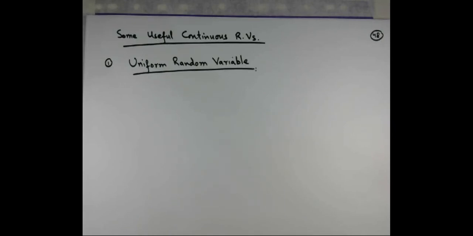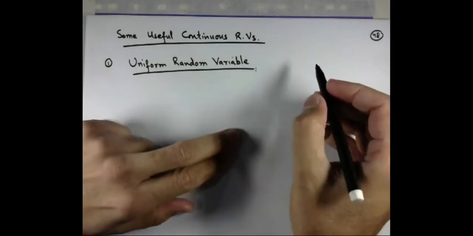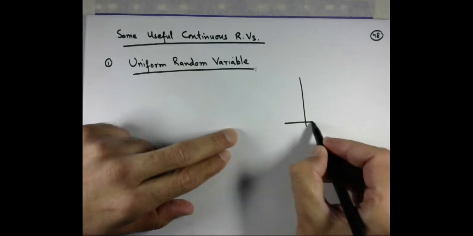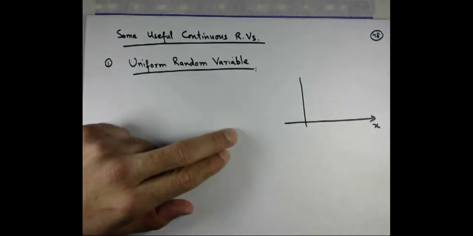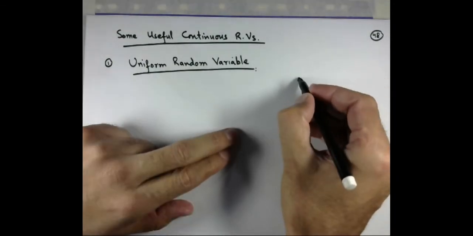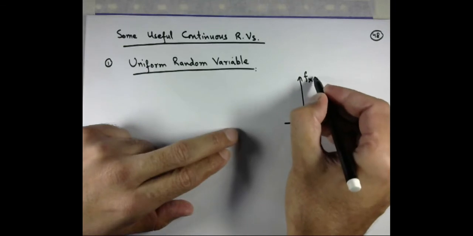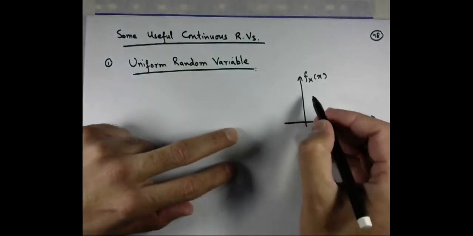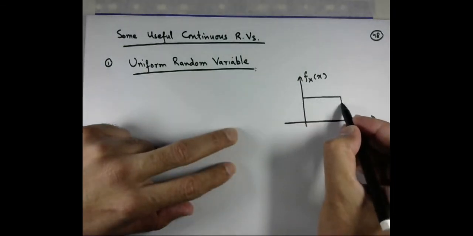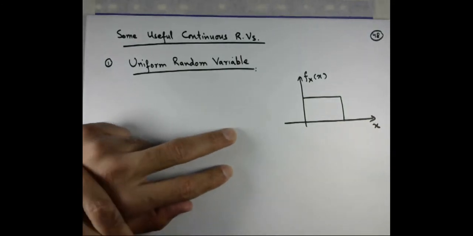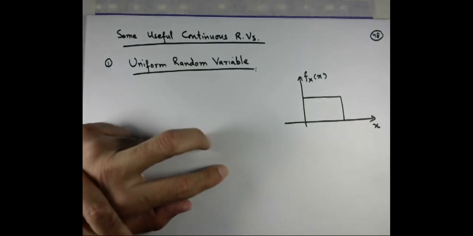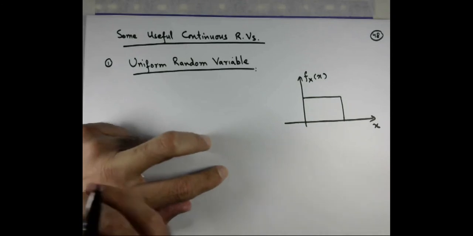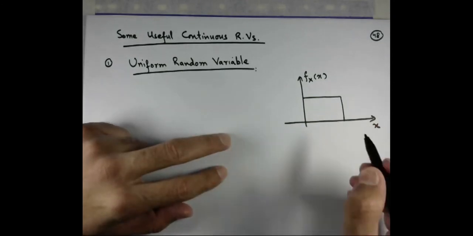Now, if you convert that concept into a continuous form, it means you have the random variable x, and then you have the PDF of the random variable, and then you have, say, this area in terms of probability.